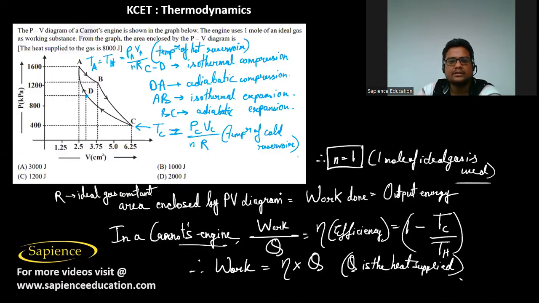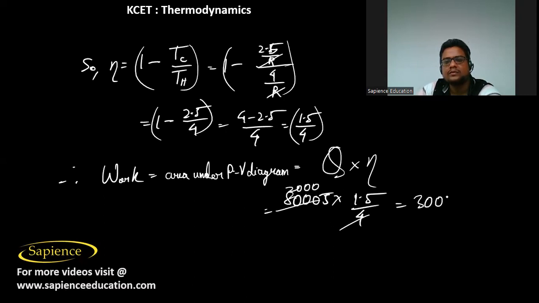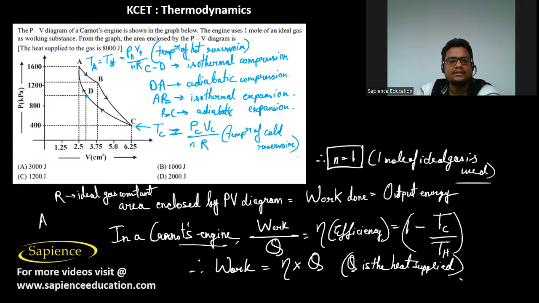Now the heat supplied has been told to be 8,000 joule. So it is 8,000 joule into efficiency, which is 1.5 by 4. So this will be 2,000 into 1.5, which is 3,000 joule. So option A is the correct answer.